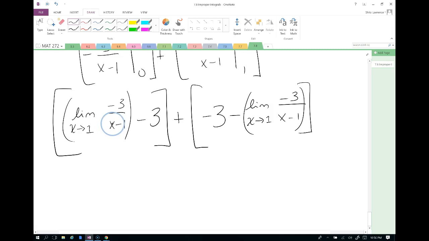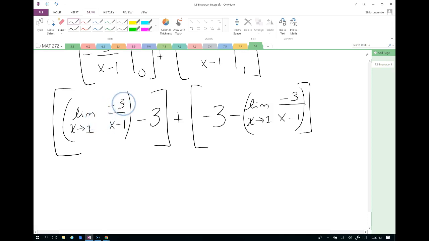If you plug 1.1 in there, 1.1 minus 1 is 0.1, which is a tenth. So negative 3 divided by a tenth is negative 30. So plugging in something really close to 1 gets a really big answer. If we get even closer to 1, so like 1.01, the difference is going to be 100th, and then when we divide, we get negative 300. And then if we do it again, 1.001, we're going to get negative 3,000.